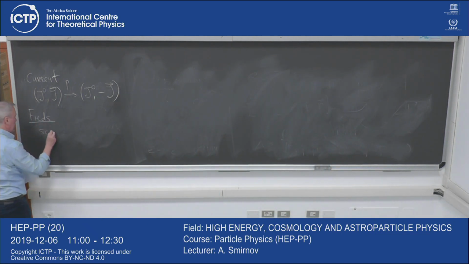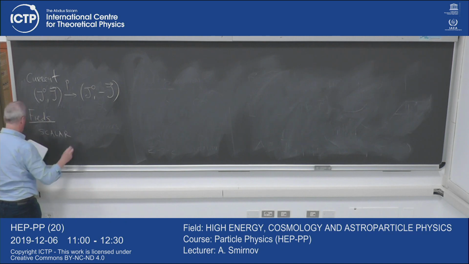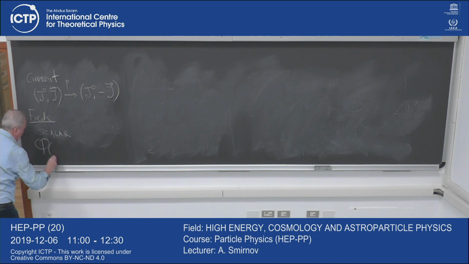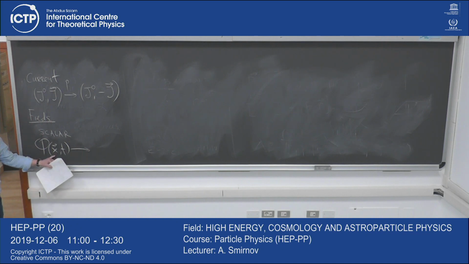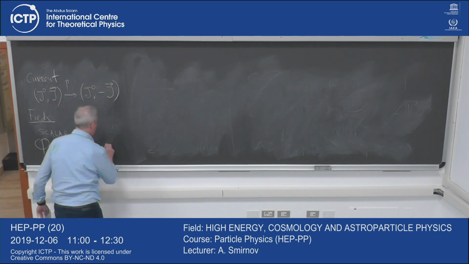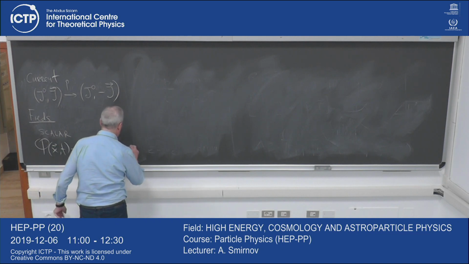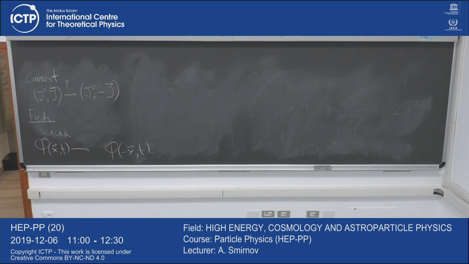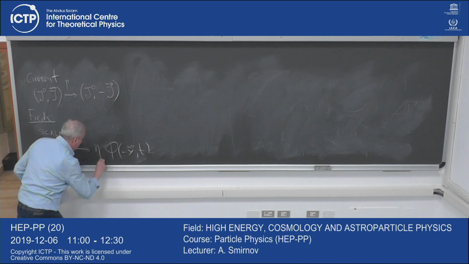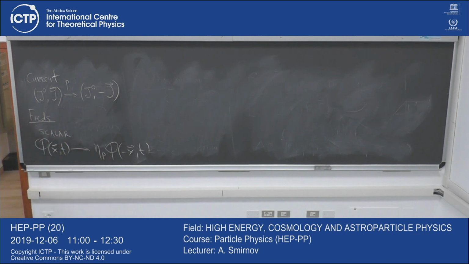The scalar field F(x, t) under P transformations: of course, we change the sign of the coordinate here. It will go to F(-x, t). But in general, we can put some factor, eta P, here.